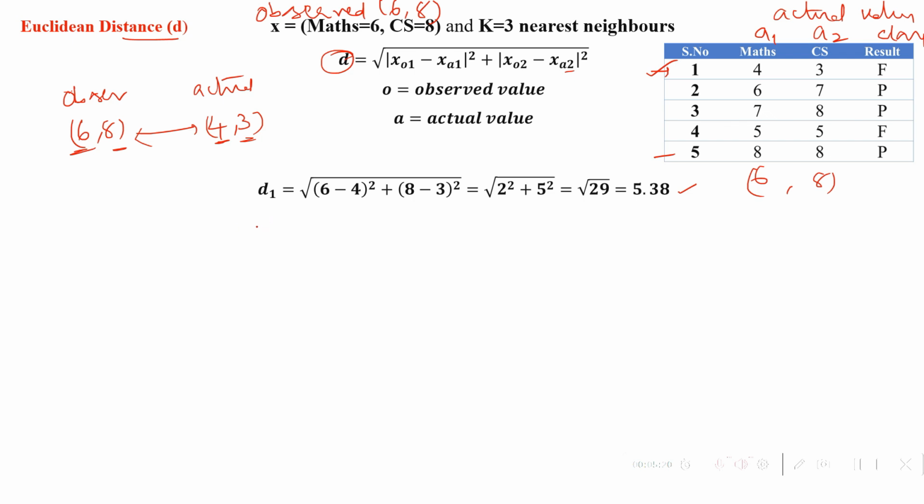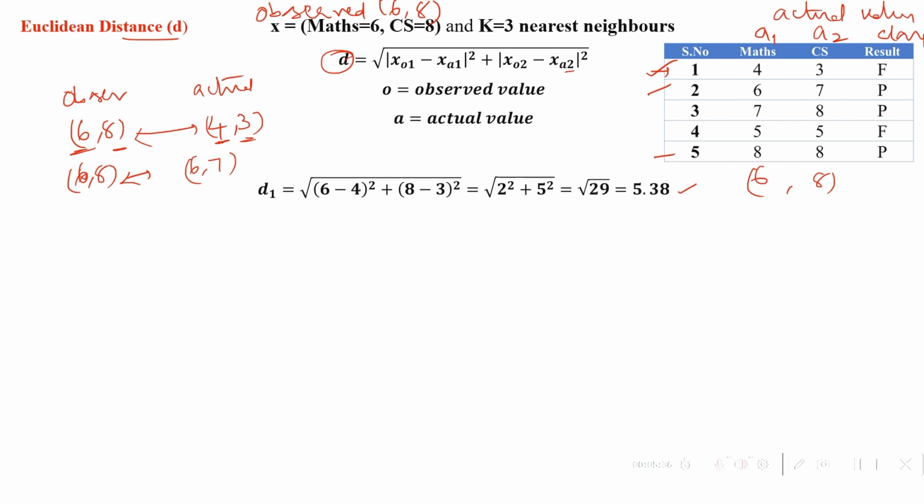Then we are going to find out the similarity between the second observed value (6, 8) and the corresponding second row instance value, that is (6, 7).